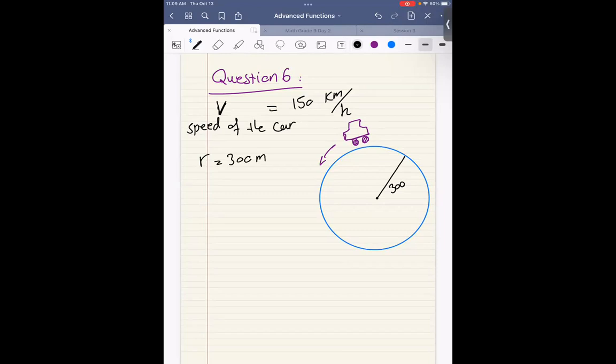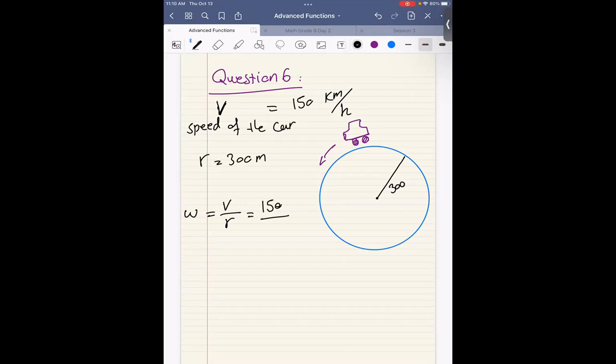We saw in the previous question the relation between angular velocity and linear velocity. Omega, the Greek letter, is v divided by r. You have to decide whether to write the units in kilometers or meters. So let's do kilometers. So it's 150 divided by 300 meters.